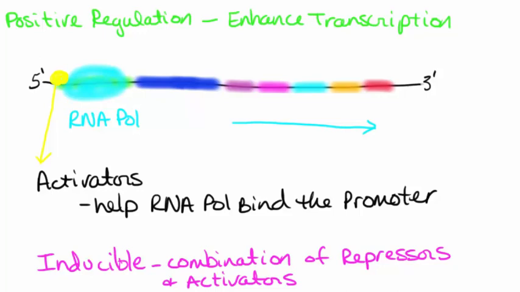It's just a more tightly controlled mechanism. We still have activators that are probably going to bind either the promoter, or we're going to have other molecules that will affect the ability of the repressors to bind. So if you have a molecule that prevents a repressor from binding to the operator, that would also enhance the transcription of that particular gene.